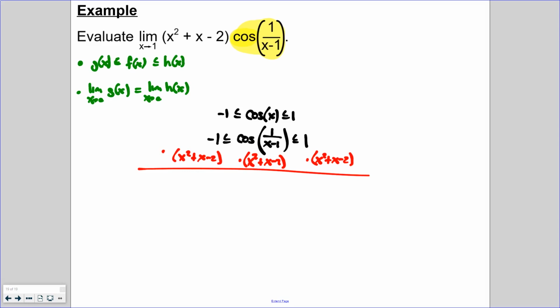Which is going to leave us with negative the quantity x squared plus x minus 2 is less than or equal to the quantity x squared plus x minus 2 times cosine of 1 over x minus 1, which is less than or equal to x squared plus x minus 2.